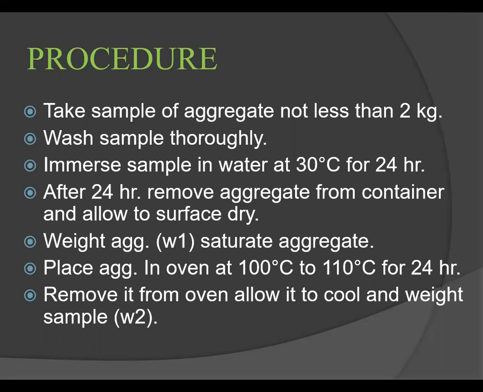Then this wire basket is immersed in water at a temperature of 30 degrees Celsius. Immediately after immersion, the entrapped air is removed from the sample by lifting the basket 25 mm above the base of the tank and allowing it to drop 25 times at a rate of about 1 drop per second.